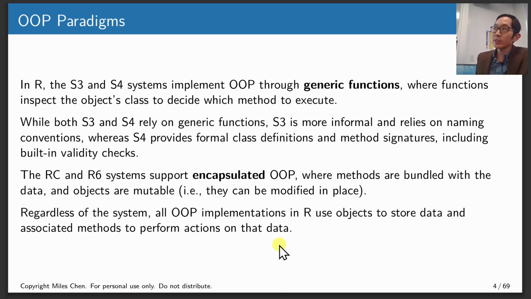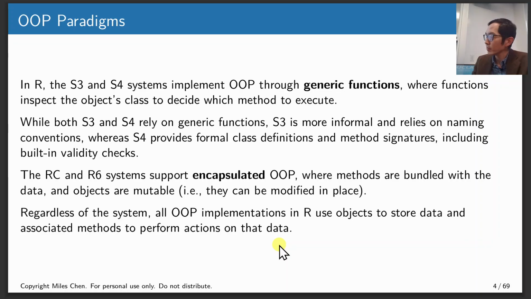The S3 and S4 systems use what's called generic functions. Generic functions look at the object's class and then decide which method to execute. The S3 system is informal. S4 is formal and rigorous, and checks for validity.